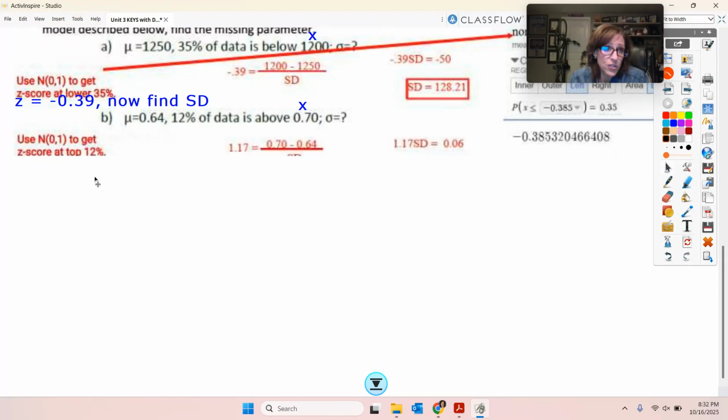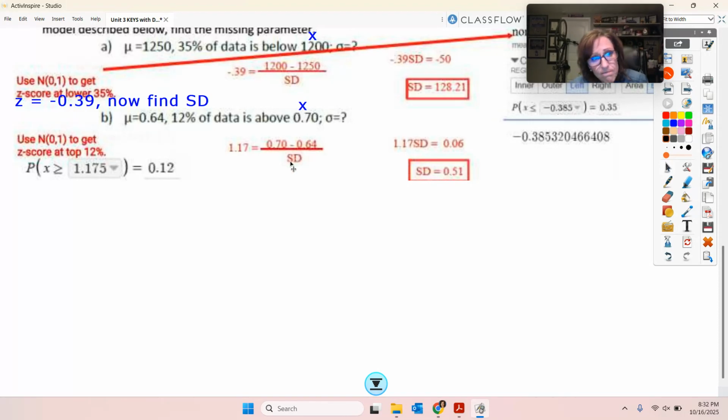So I'm going to let you do that. Go get a Z-score. The Z-score ends up being this, 1.1, it should be 1.18. I probably did this when I did inverse norm in my calculator and it didn't round it. Anyway, I put 1.17. X minus the mean over the standard deviation.